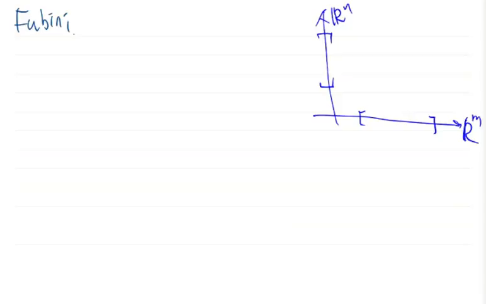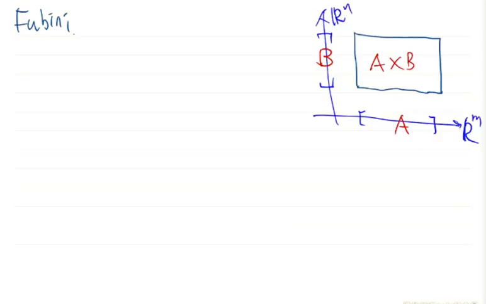So to study the Fubini theorem, this is Rm, and this is Rn. So we take a rectangle in Rm and another rectangle in Rn. So this is A and this is B. Their Cartesian product A cross B, maybe I will write in red, is a higher dimensional rectangle. The dimension is the sum of m and n.